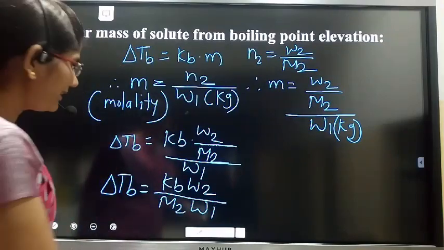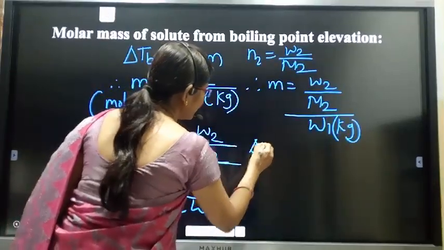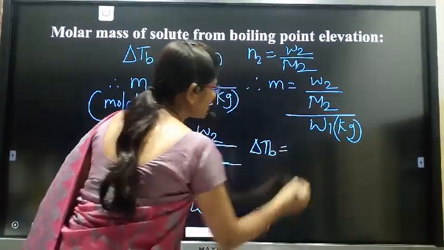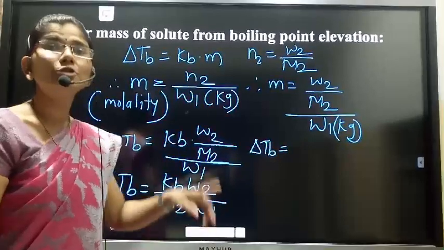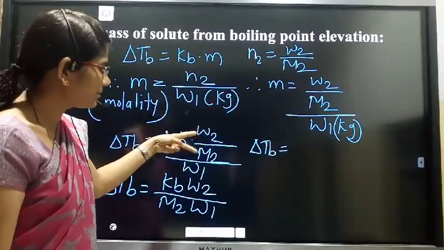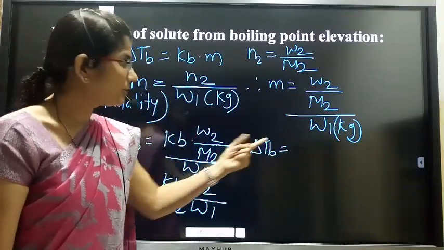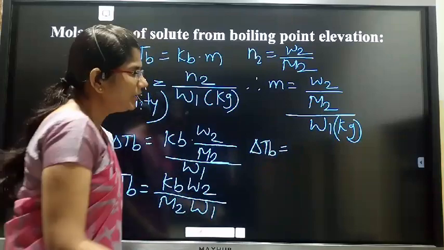But when we have to convert this into gram, we have to multiply by 1000. All these two, number of moles means weight and mass, are present in gram. Therefore when we convert the kilogram into gram, we multiply this equation by 1000.